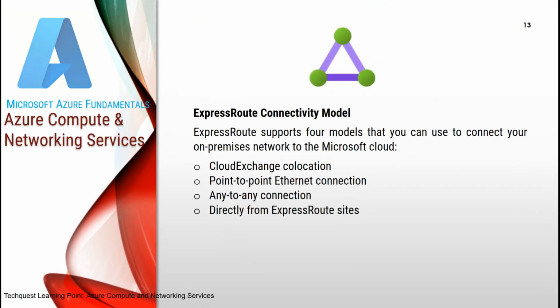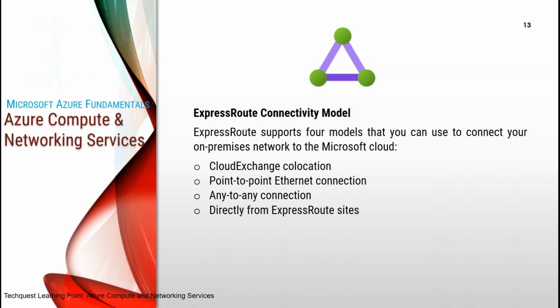ExpressRoute supports four models that you can use to connect your on-premises network to the Microsoft Cloud: Cloud Exchange colocation, point-to-point Ethernet connection, any-to-any connection, and directly from ExpressRoute sites. Colocation at Cloud Exchange.